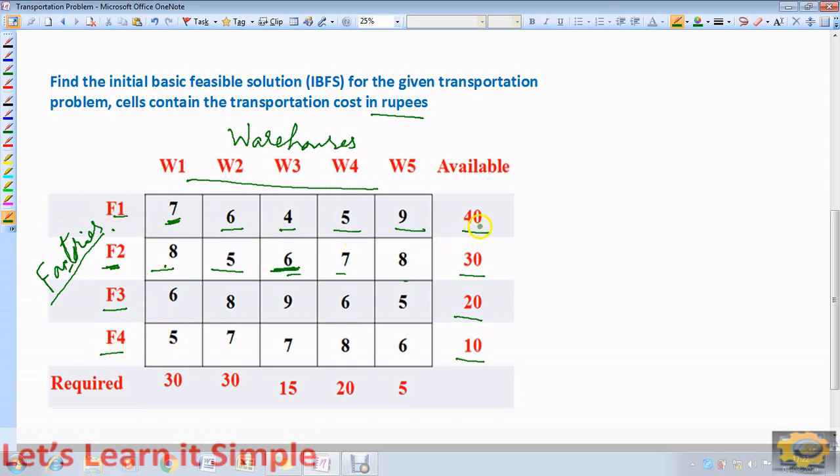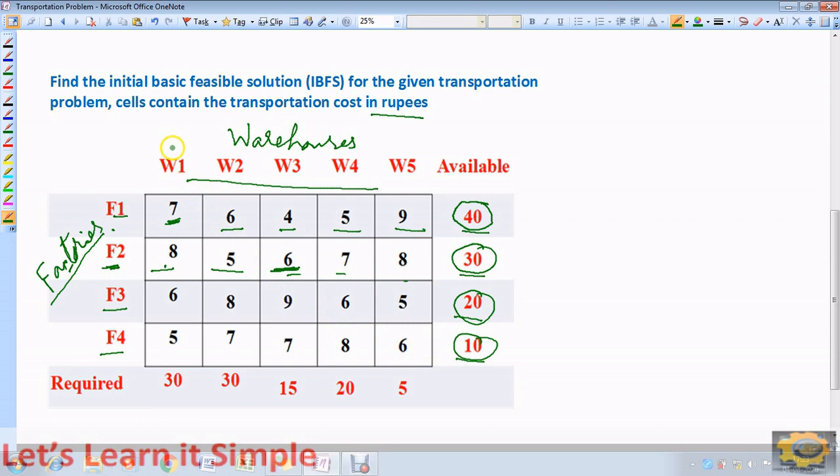Now these are the available units of a product from each of the factories. It may be per day or per week or per month, so let us generalize it as available. So from factory 1, the available product is 40, factory 2 30, factory 3 20, factory 4 10.